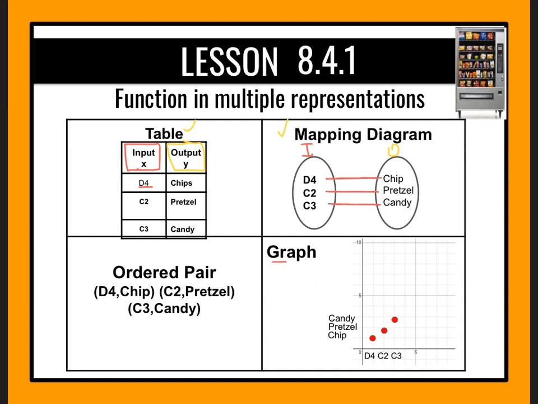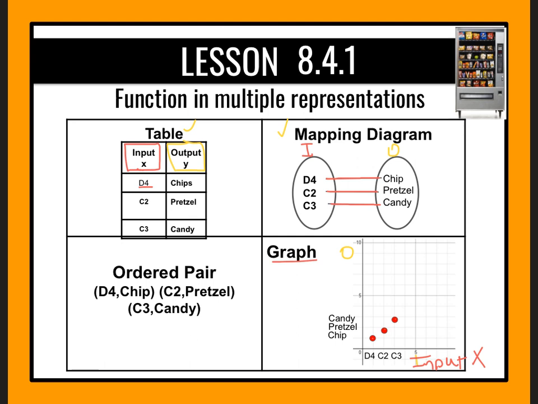So here's my graph. You can see my input values and my output values of the type of snacks. Now your graph begins to look a little bit different than that of a relation, because every input is assigned only one output value.